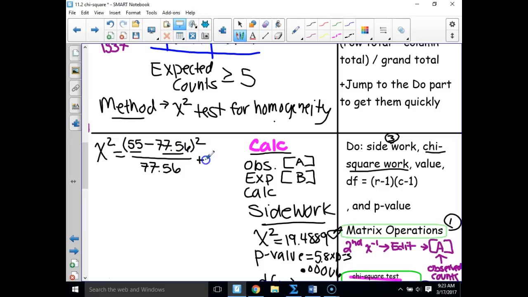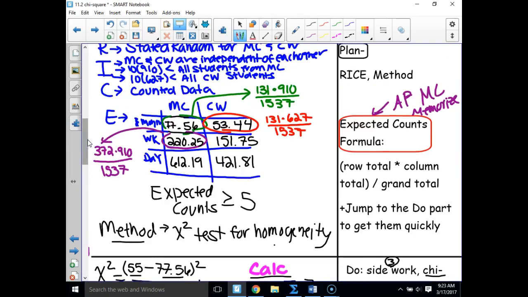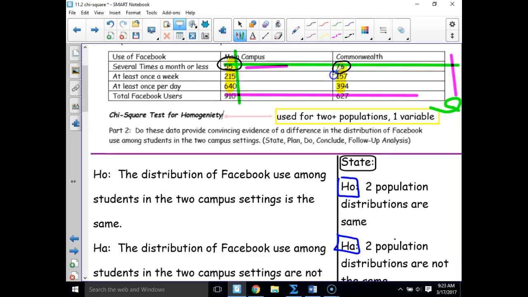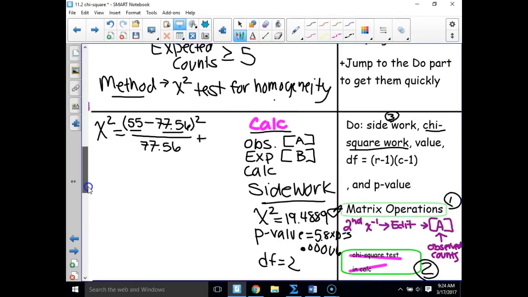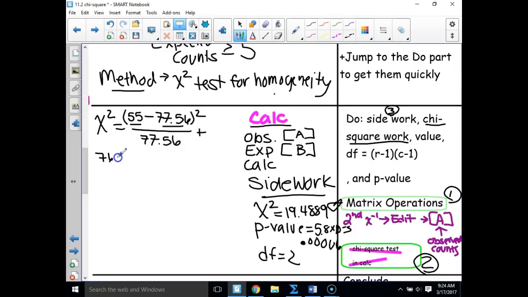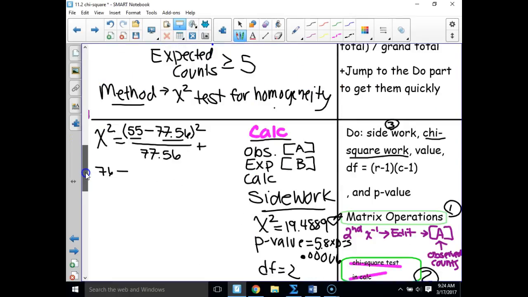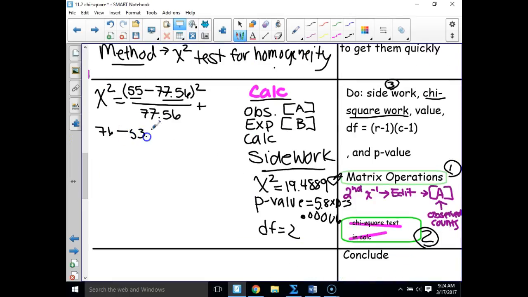Plus, maybe take the second cell. My second cell is right here, 76. So plus 76 minus my expected 53.44, squared divided by 53.44, plus dot, dot, dot, plus the last cell.